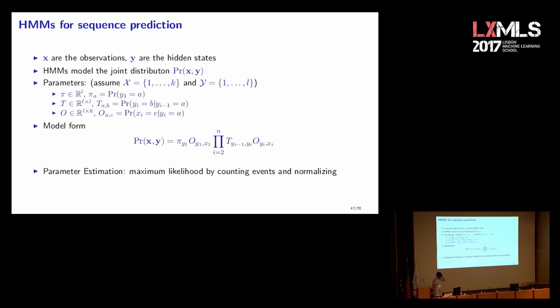HMMs. So HMMs, what's the difference between an HMM and a log linear model of this type? So essentially, an HMM models the joint distribution of X and Y, while what we saw now models the conditional distribution of Y given X, okay?